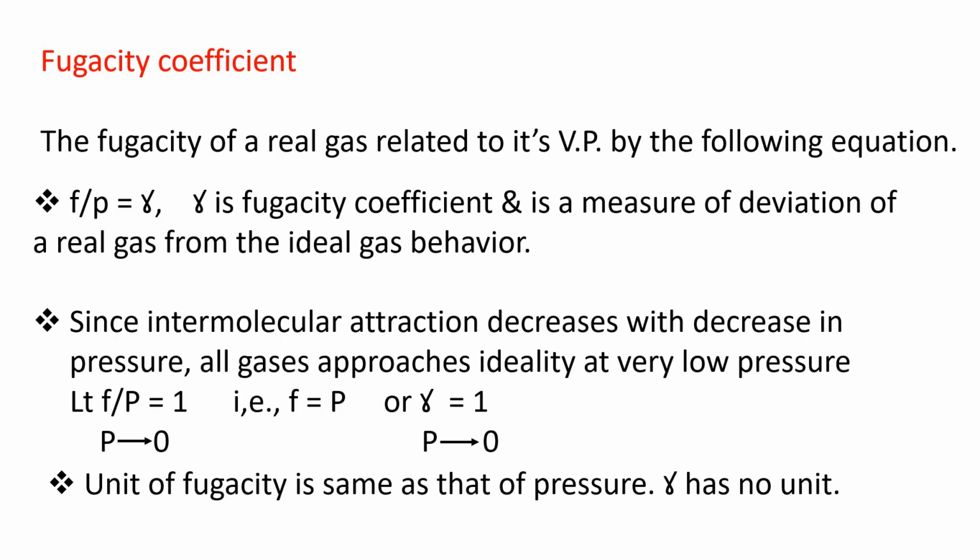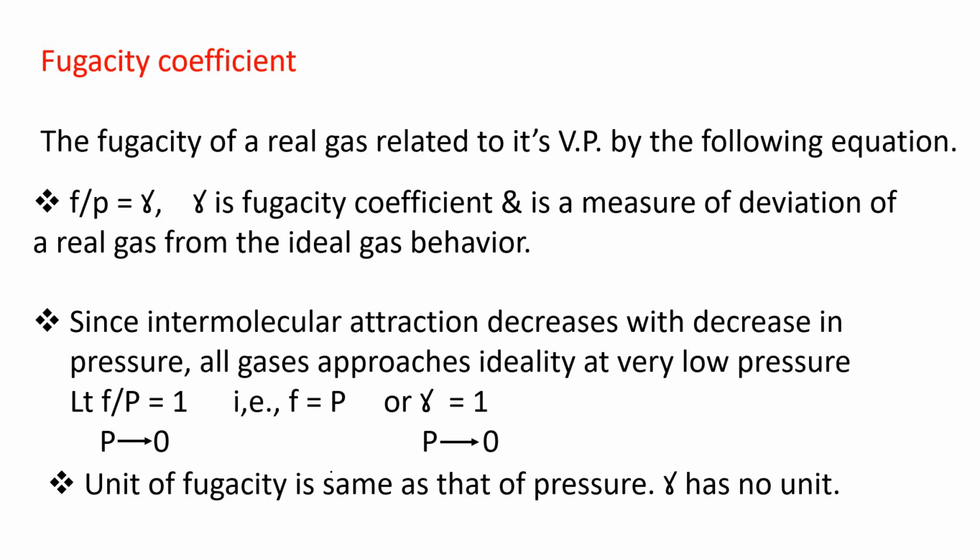So almost all the gases behave ideally at very low pressure. So when pressure P tends to 0, then this gamma, the fugacity coefficient, is 1. That means limit F by P is equal to 1. That means F is equal to P, fugacity is equal to pressure, because gases behave ideally at very low pressure. So the fugacity coefficient gamma is equal to 1 at very, very low pressure. That means the gas behaves ideally.